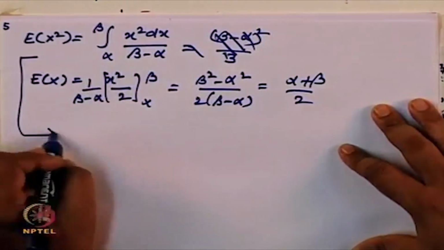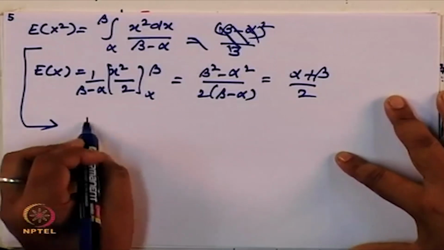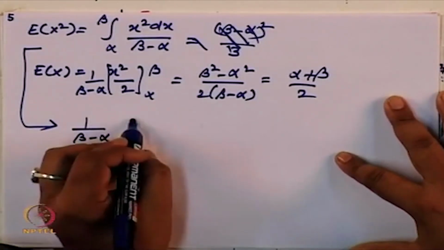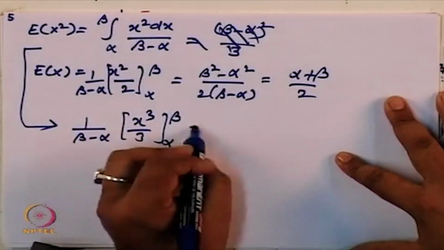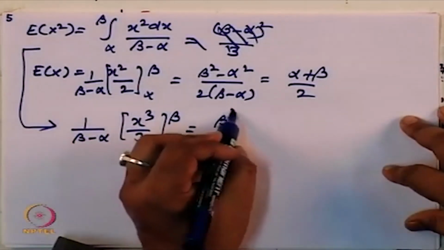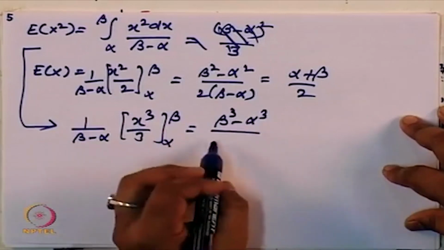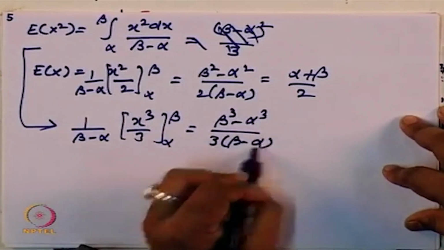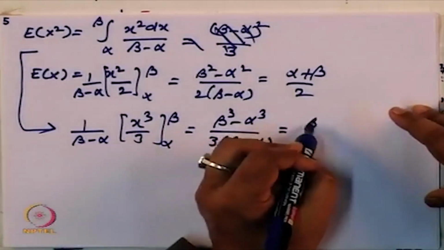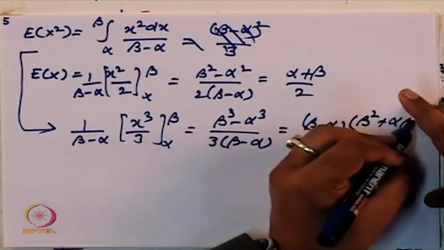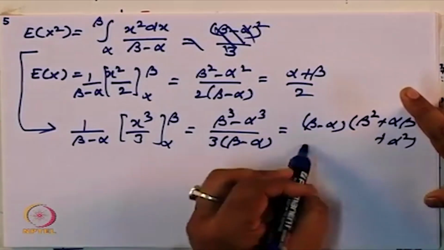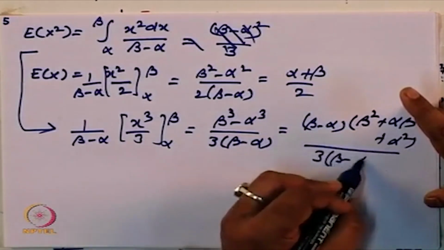So, expectation of x square is going to be 1 by beta minus alpha into x cubed by 3, which is beta cubed minus alpha cubed, which factors as beta square plus alpha beta plus alpha square by 3 into beta minus alpha.